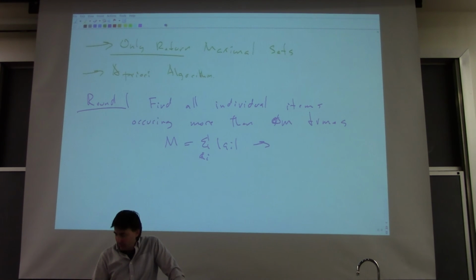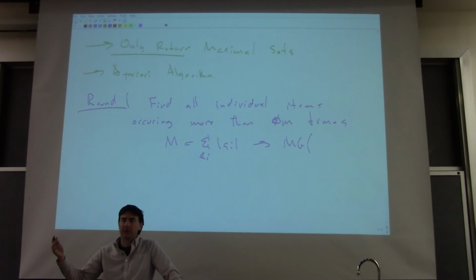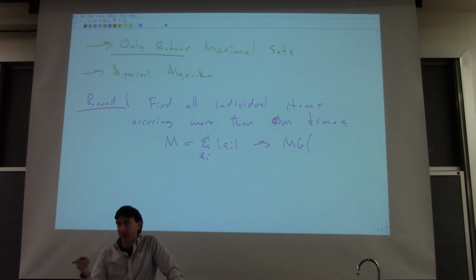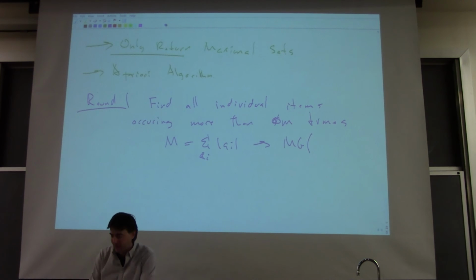Then I can run, say, the Misra-Gries algorithm, or some version of the heavy hitters algorithm, where I'm using this parameter m as the total size of the domain, and I only return heavy hitters.